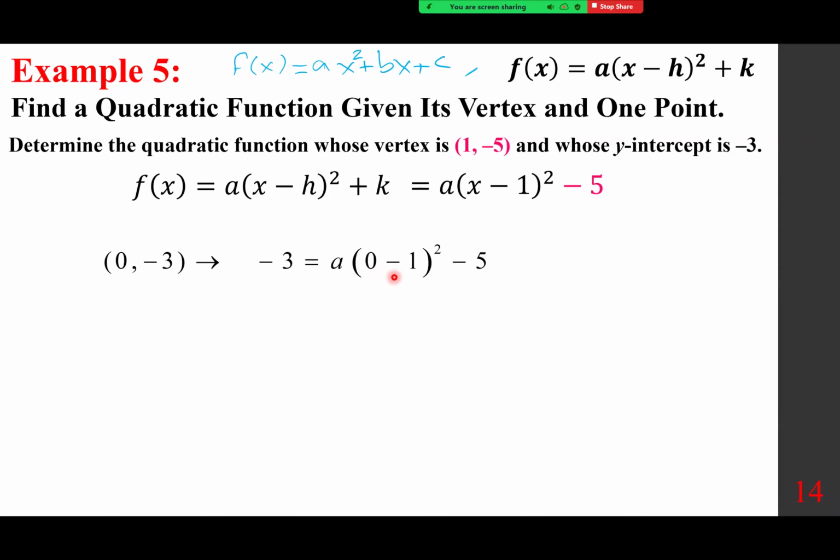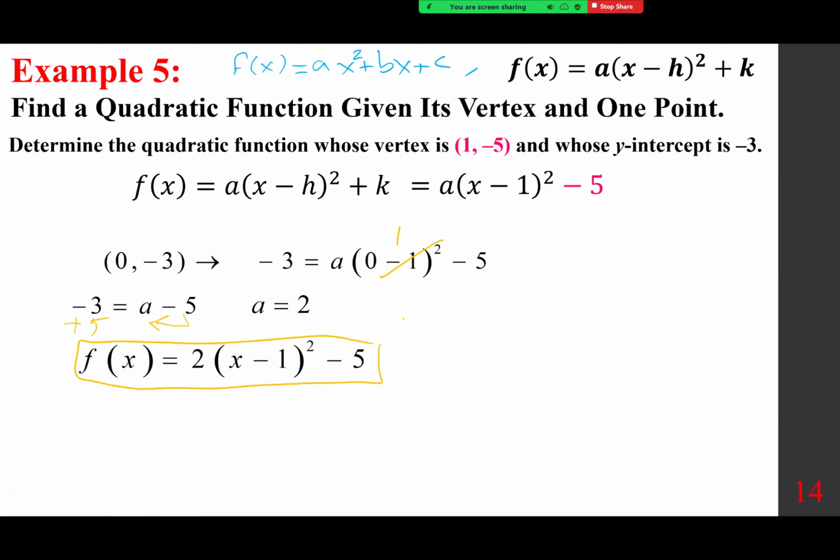This is negative 1 squared, which becomes positive 1. So a minus 5 is negative 3, and a becomes 2. Plug in. This is our function.